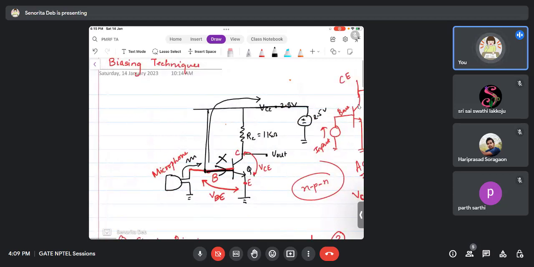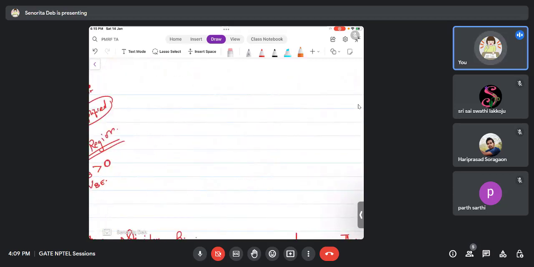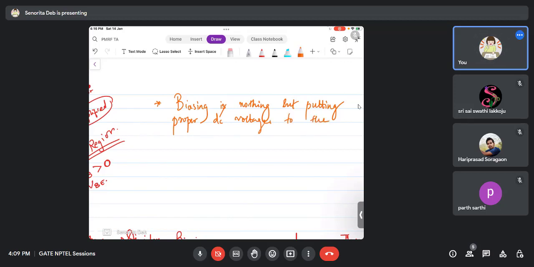If I write what biasing is, this definition is not needed, but still I am writing: biasing is nothing but putting proper DC voltages to the nodes of the transistor so that it remains in the desired region of operation.